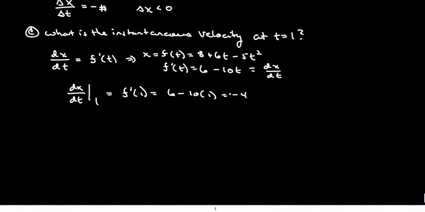And so we're saying that the change in position with respect to time is going to be negative 4. I'm not sure if this is in feet or meters or whatever that happens to be, so we could say this could be like feet per second or something.